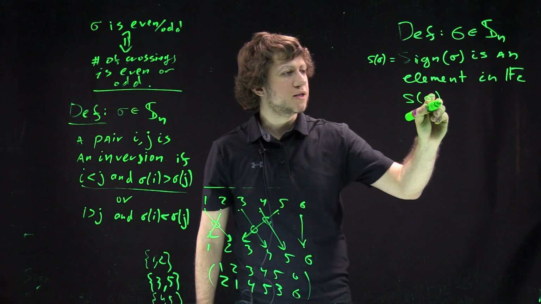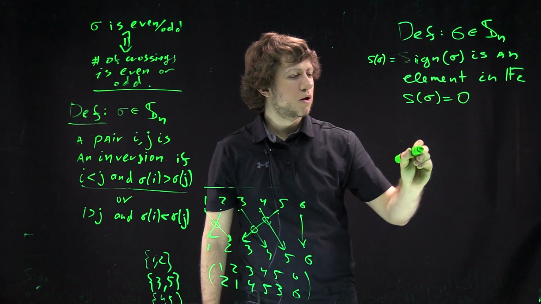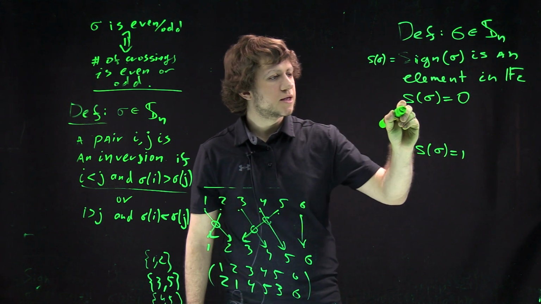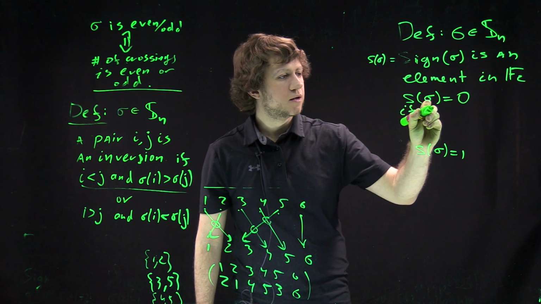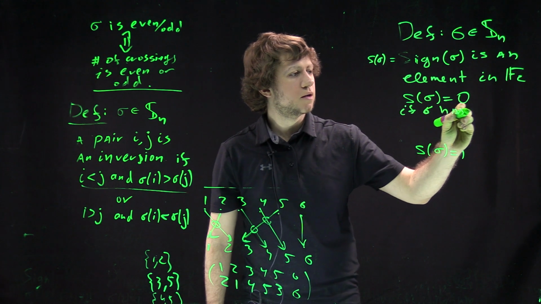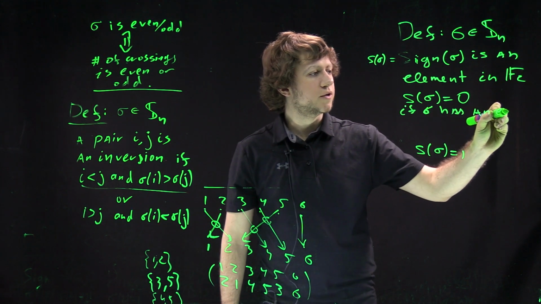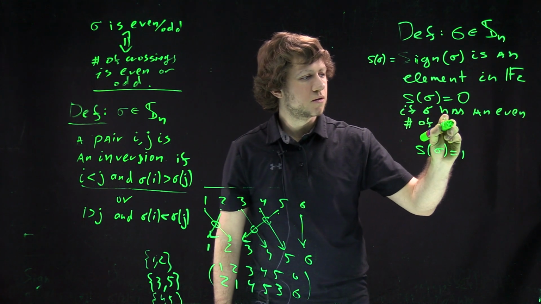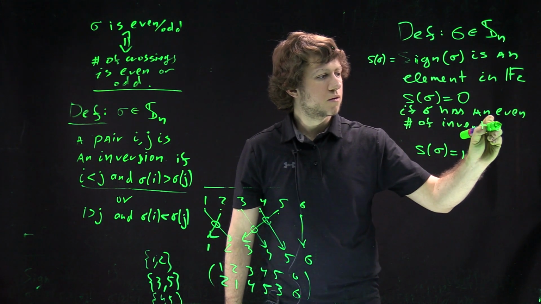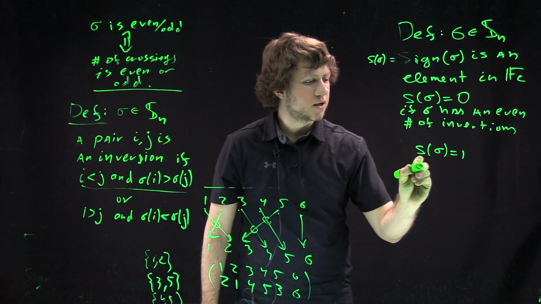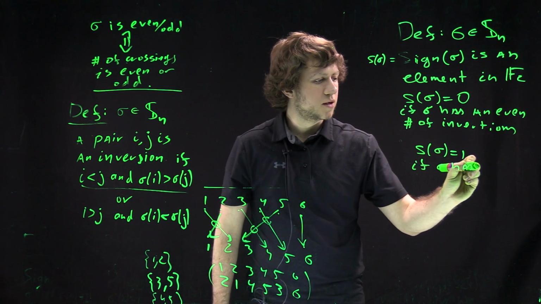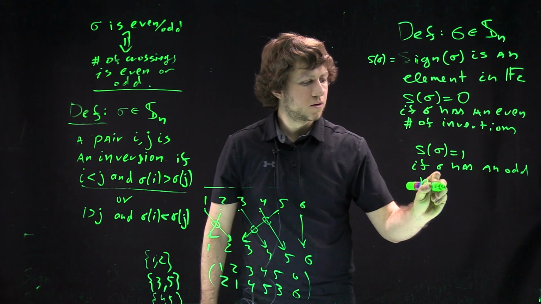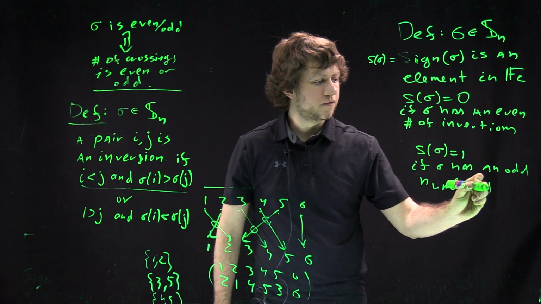S of sigma is equal to 0, and this is if sigma has an even number of inversions, or S of sigma is equal to 1, and this is if sigma has an odd number of inversions.